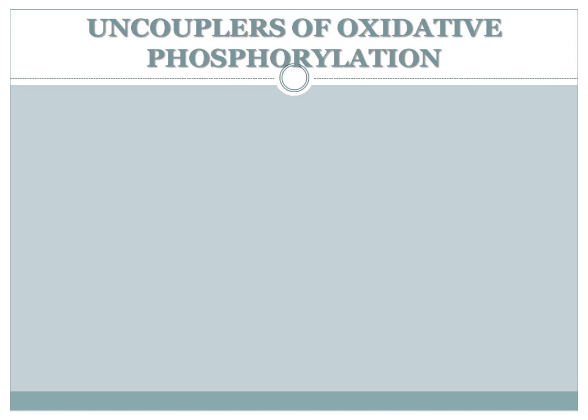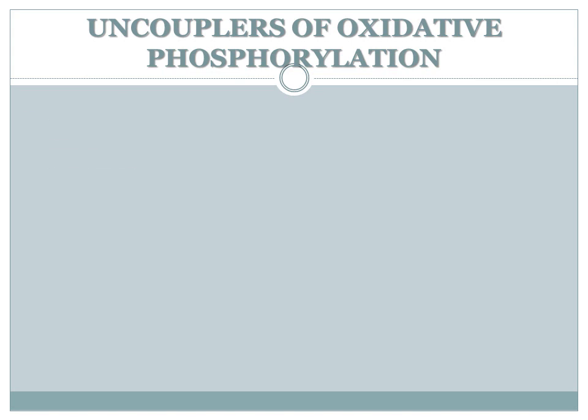So we call these chemicals uncouplers of oxidative phosphorylation. Phosphorylation means ATP formation. Oxidative means oxidation is going on. Electrons are flowing, going and mingling with the oxygen, oxidation of electrons, but ATP is not formed. Uncouplers.